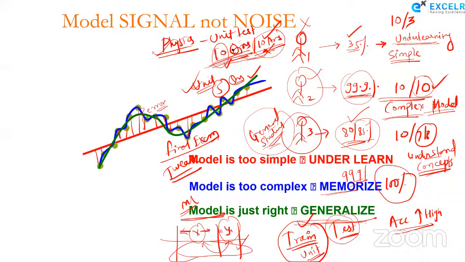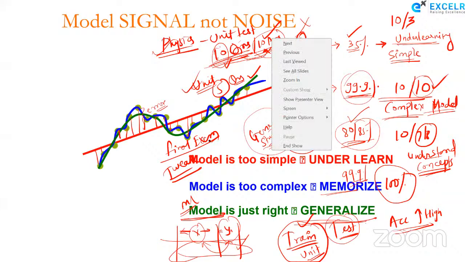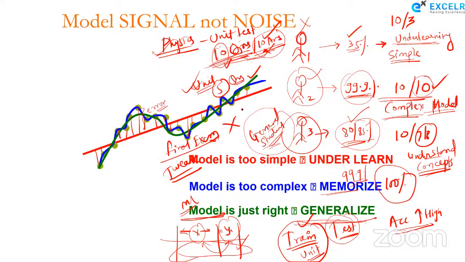People who mug up, learning that for this question this is the answer, will fail in the final exam, because they did not understand the concept or the logic. If I change the format of the question, they will not be able to answer.